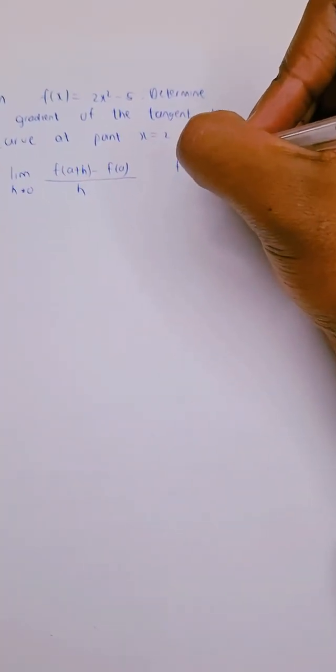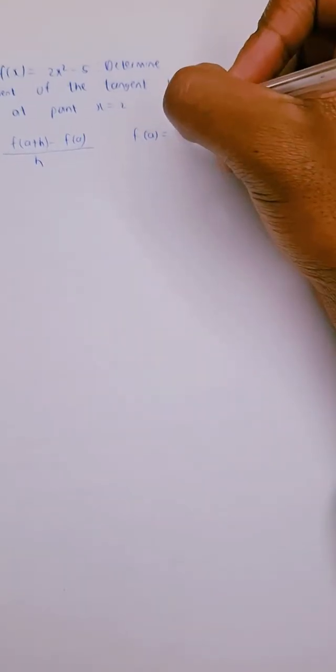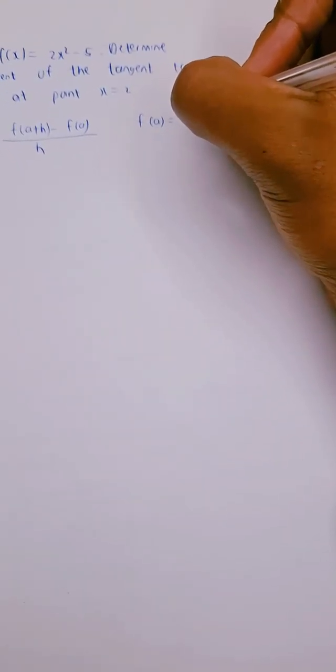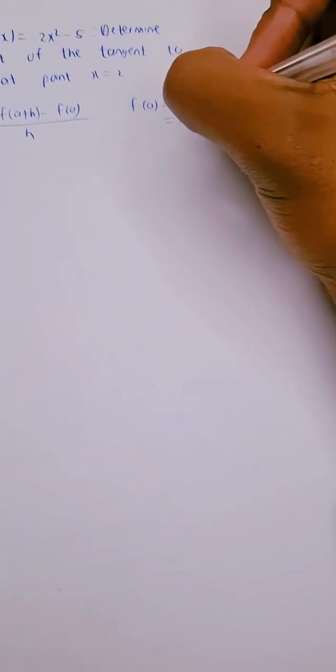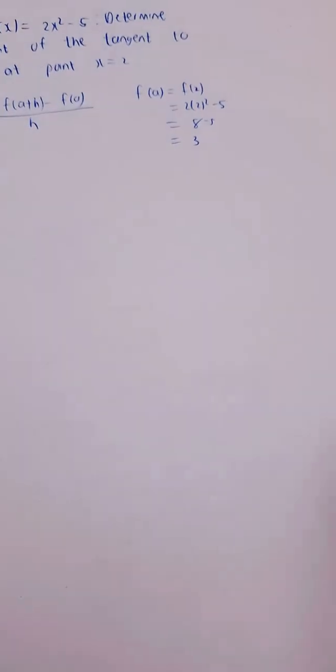So f of a is going to be equal to f of 2, which is equal to 2 into 2 squared minus 5, which gives us 8 minus 5, which is 3.